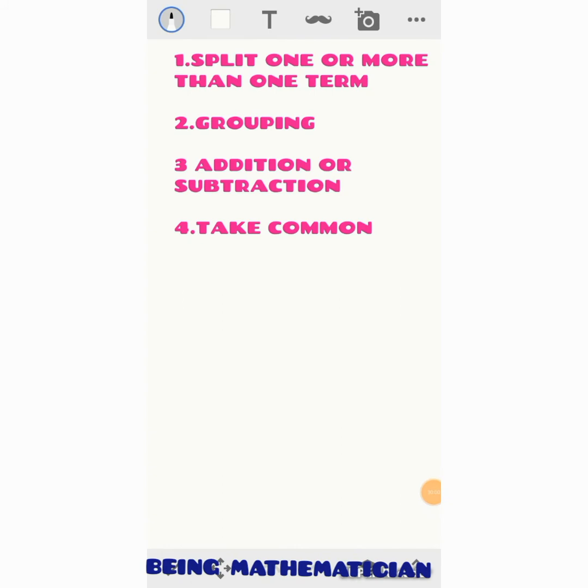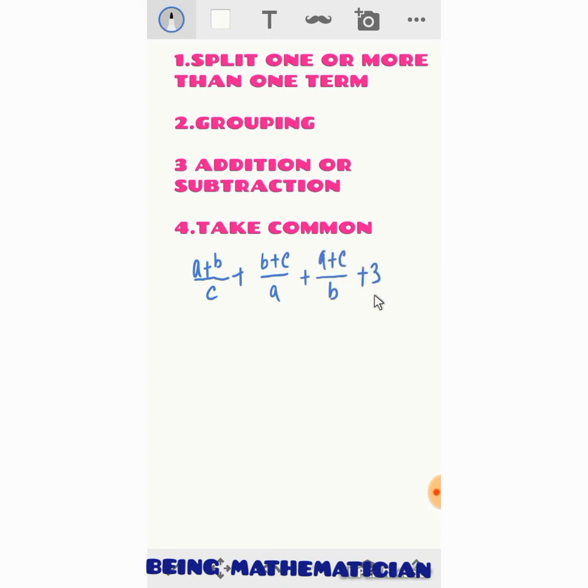This is the last trick for grouping. First of all, one is split one or more than one term. Number two is grouping. Number three is addition or subtraction of the terms, and then four, take common. So let's see the example: a plus b by c plus b plus c by a plus a plus c by b plus 3.